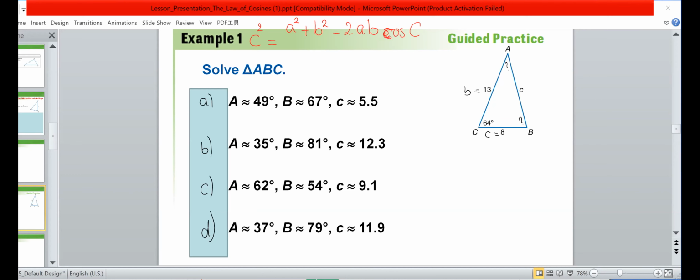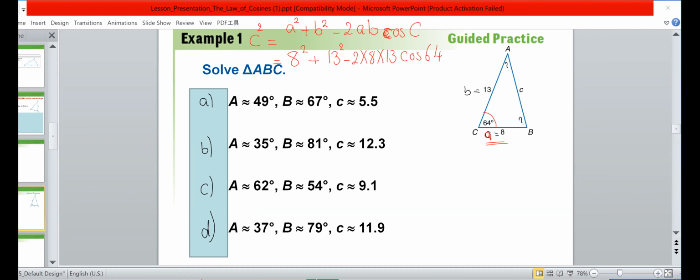Okay, just substitute. a power 2 equals 8 power 2, plus b power 2 equals 13 power 2, minus 2 times 8 times 13 cosine C. C equals 64. So I just write here 64.